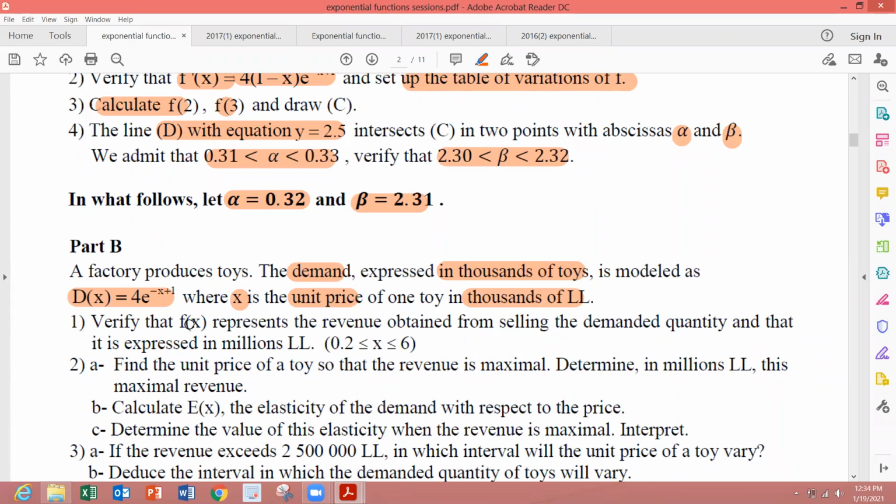Verify that f(x) represents revenue. Okay, what is the revenue equal to? Revenue is demand times price. Who is the price in this exercise?